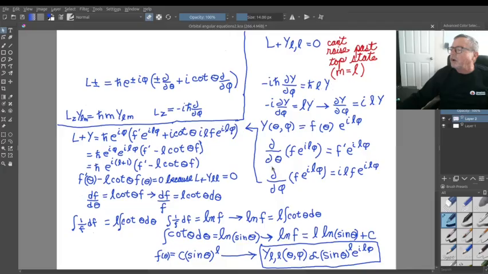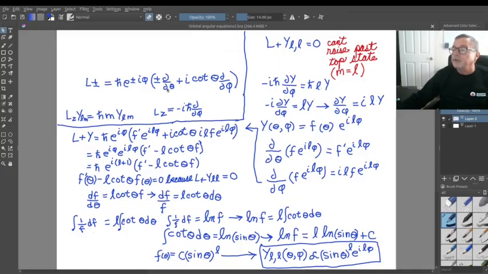So all we do is say f prime, the first derivative of this function of theta, times e to the iL phi. Now what's the partial with respect to phi? That one's pretty easy. The f function is a theta thing, so that just stays constant. And the iL here comes out front because it's the derivative of this exponent right here. So we're going to use those two over here. Let's see how that works out.